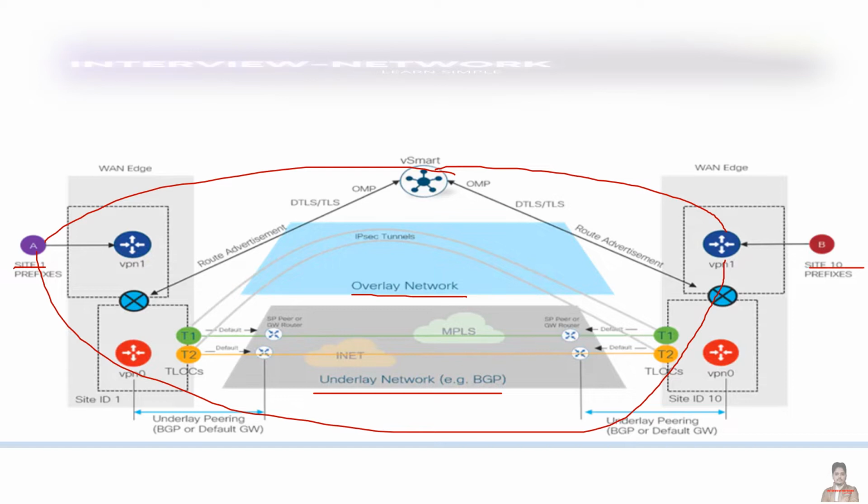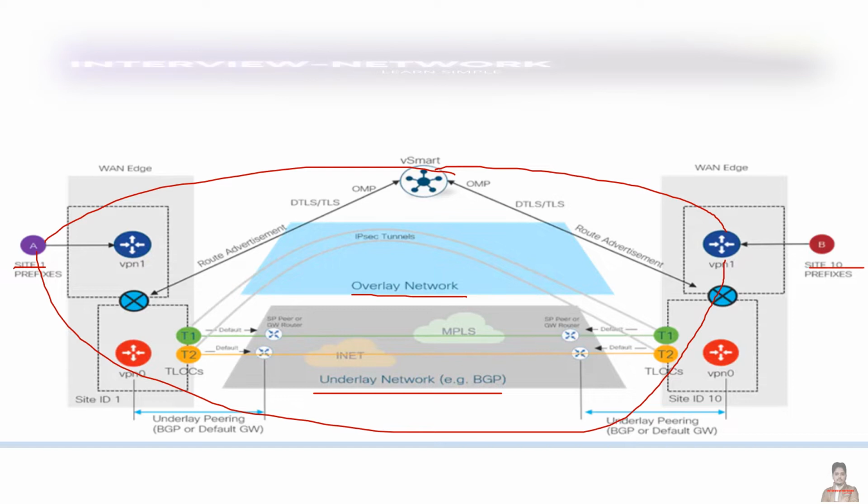Once you understand where your issue lies, then you should focus on the problem, because each aspect and each attribute has a different role in resolving the issues. If there's an issue between this edge device and the vSmart, then you need to focus on the DTLS tunnel.